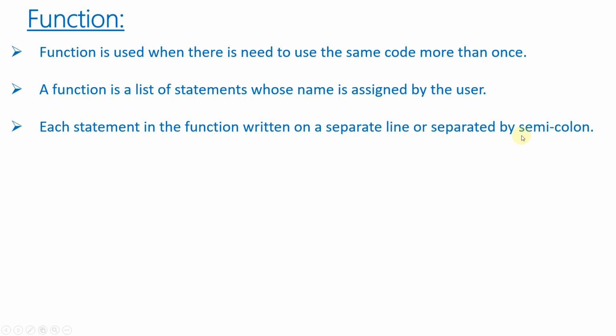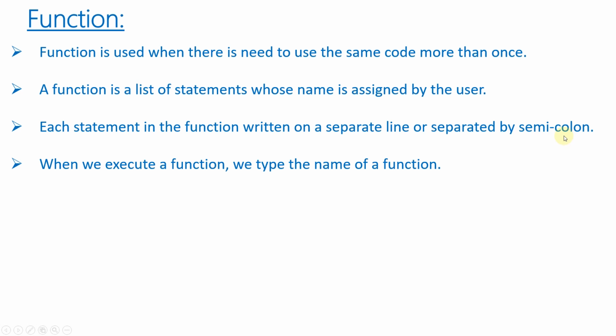If we are writing all the statements in the same line, we need to separate each command or statement by semicolon, and if we are writing those statements line by line, then there is no need to use semicolon.